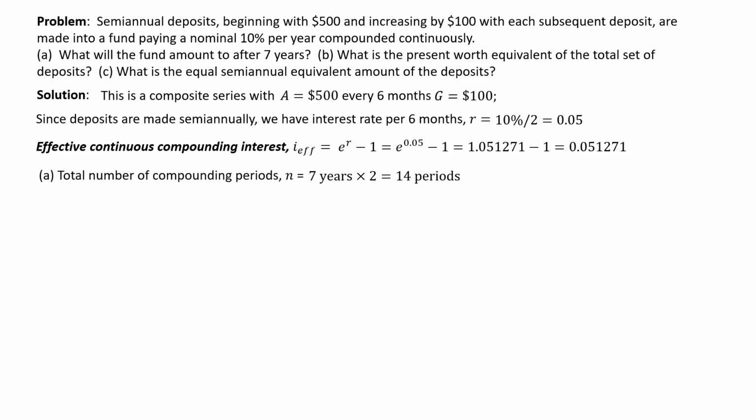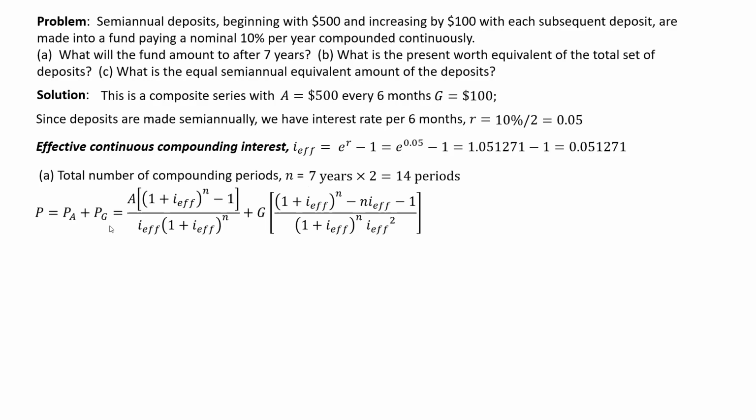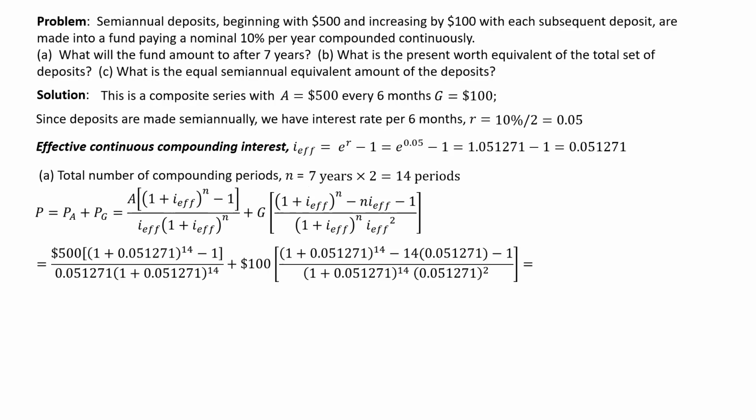So we'll find P sub A due to A and due to G using our good old formulas with 1 plus i, now using i effective because that's the situation here. When you do these numbers, you get 10,500. So depositing 500 and then increasing it by 100 every 6 months has a present worth of $10,500.